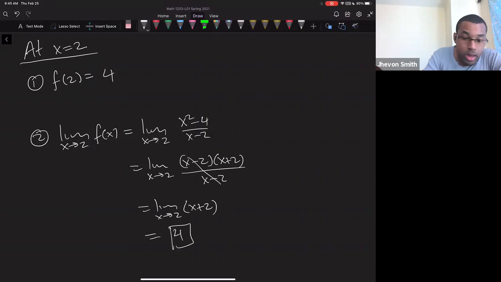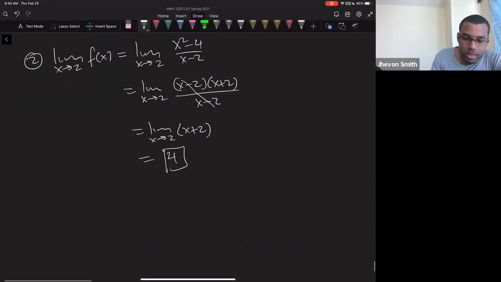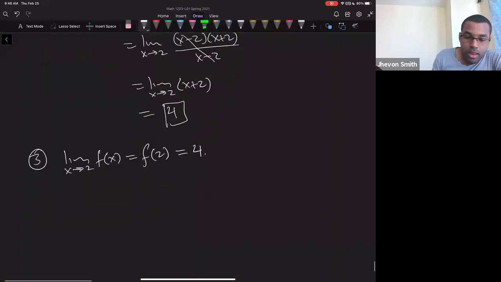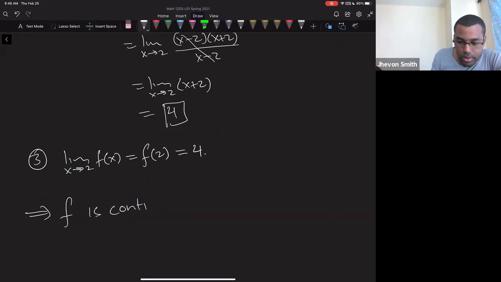So that's 4. And that's 4, which means in 3, I can say, well, the limit as I approach 2 is actually equal to the function evaluated at 2. They both gave me 4. I can conclude from this that f is continuous at 2, right?